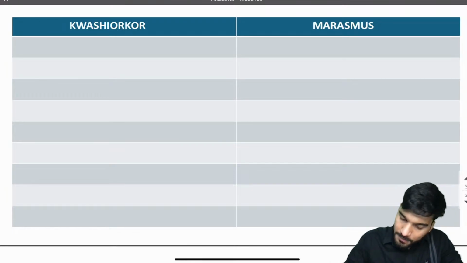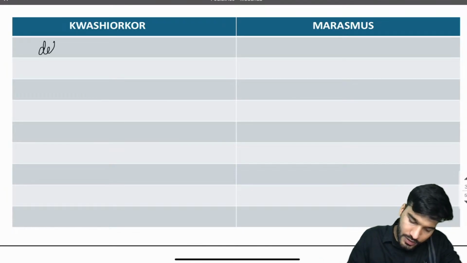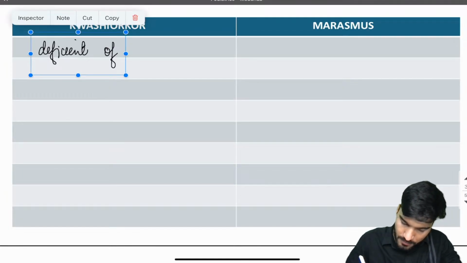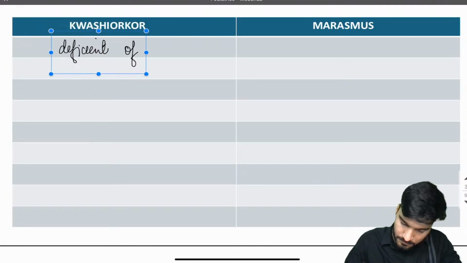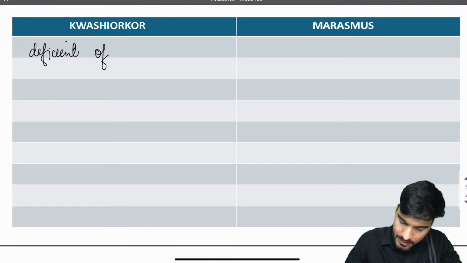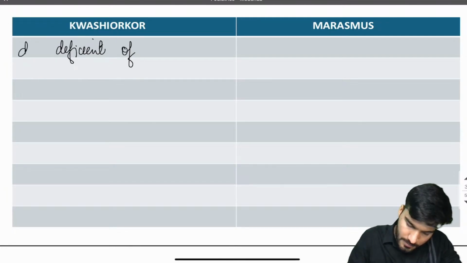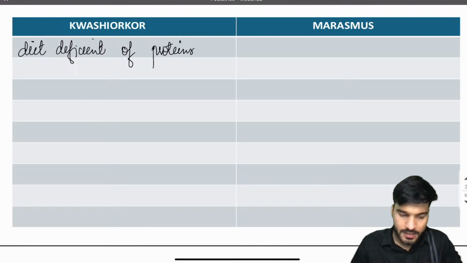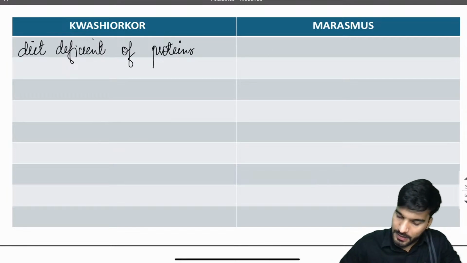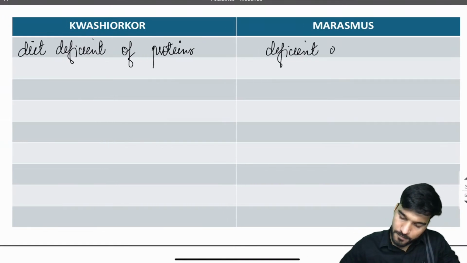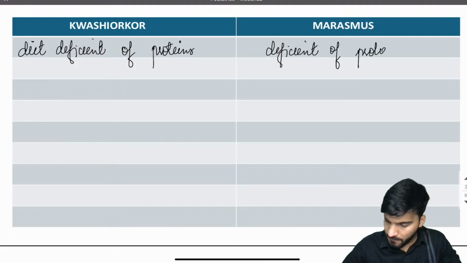Now Kwashiorkor develops in children whose diet is deficient of proteins. And marasmus is deficient of proteins and calories.